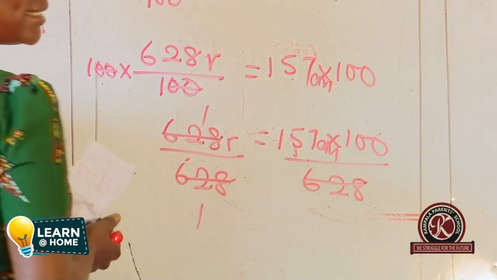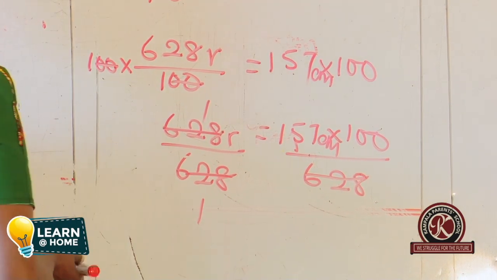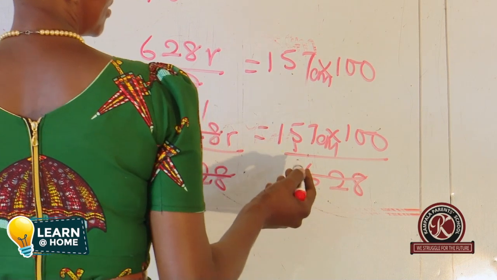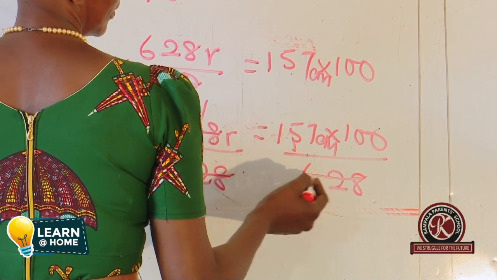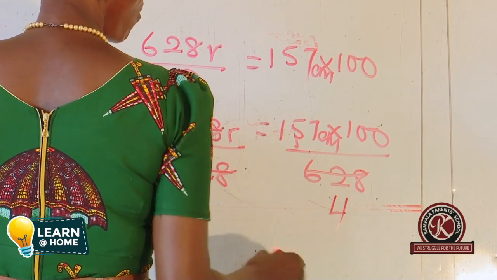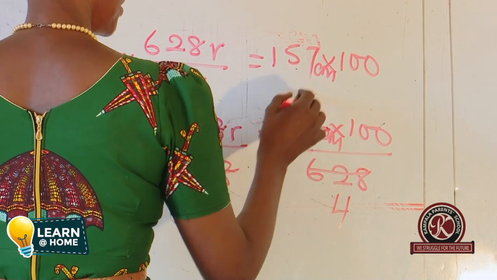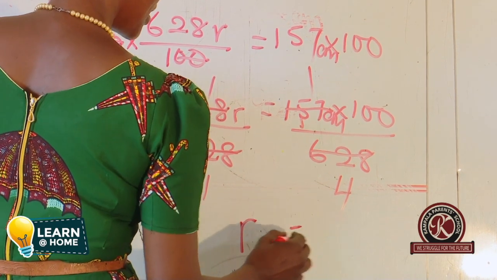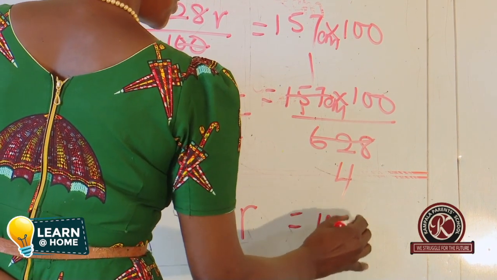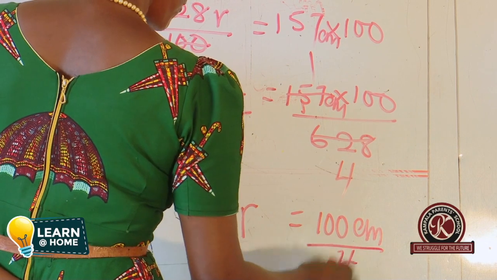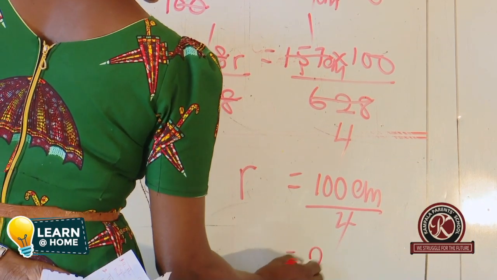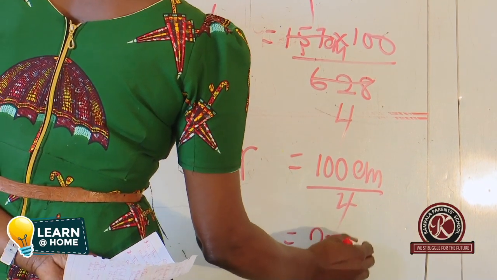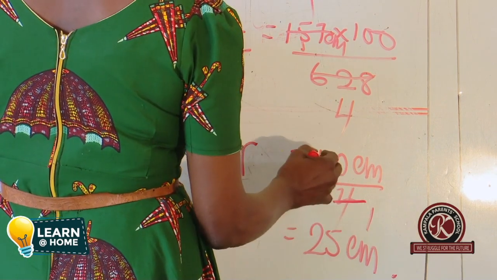Which number can divide this? Yes. By this, we get here 4. By 157, we get here 1. So we say r will give us 100 centimeters out of 4, which is equal to 25 centimeters. Reduce.